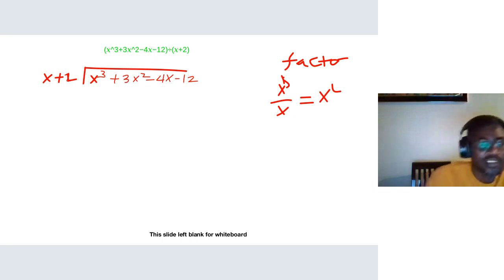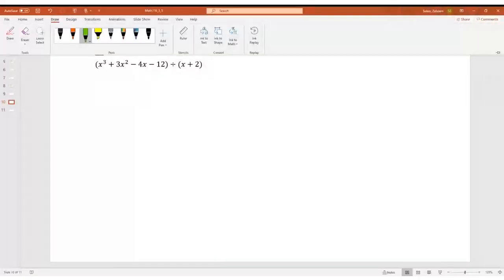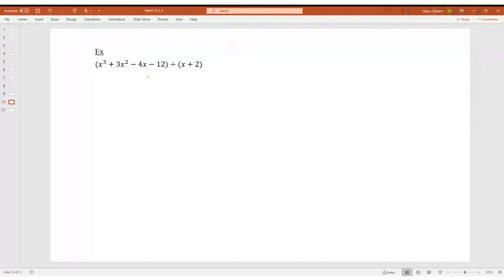So we said we have to set up the division. So you have x plus 2 here, and x cubed plus 3x squared minus 4x minus 12 here. First, this is x cubed. X cubed divided by x is x squared. So we have x squared here.